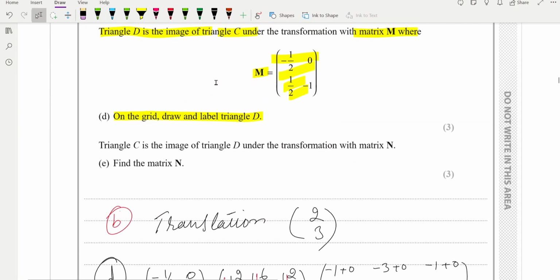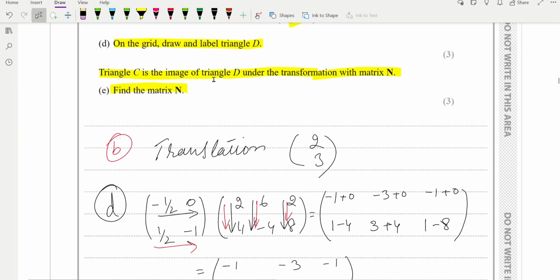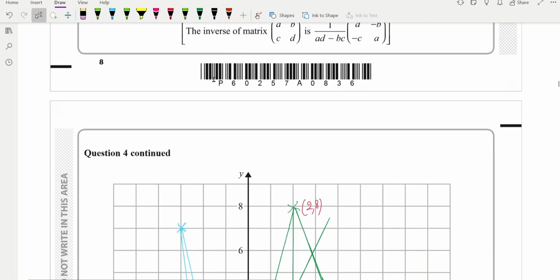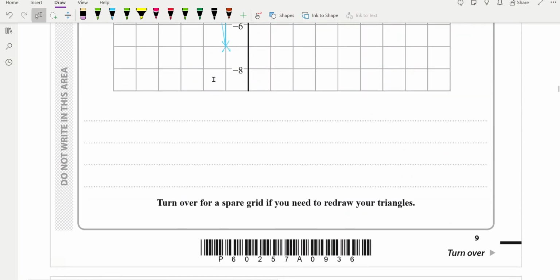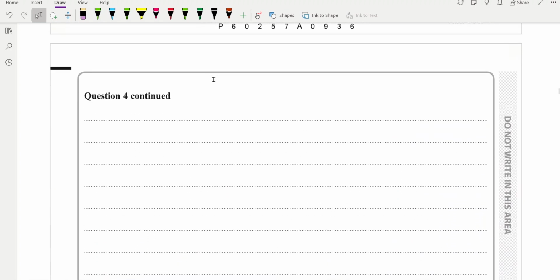Then there is the last part, which says the triangle C is the image of triangle D under the transformation with the matrix N. We have to find the matrix N. I will solve it over here, in the space provided.